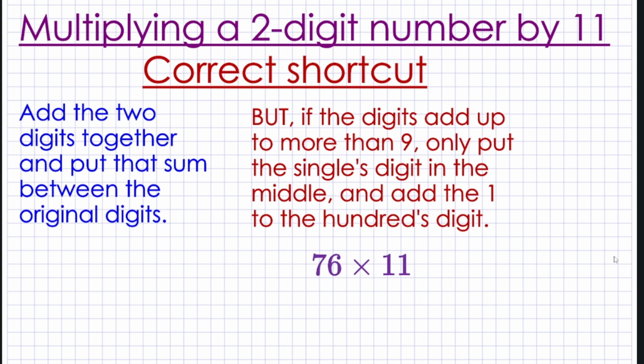But if the digits add up to more than 9, which means it is a 2-digit number, only put the singles digit in the middle and then add the 1, which represents a 10, to the hundreds digit. So one more time, what we're doing is we're splitting up the 7 and the 6 and adding the 7 and 6 together, getting 13, but we only put the 3 here and we add the 1 to the 7, leading us to 836.